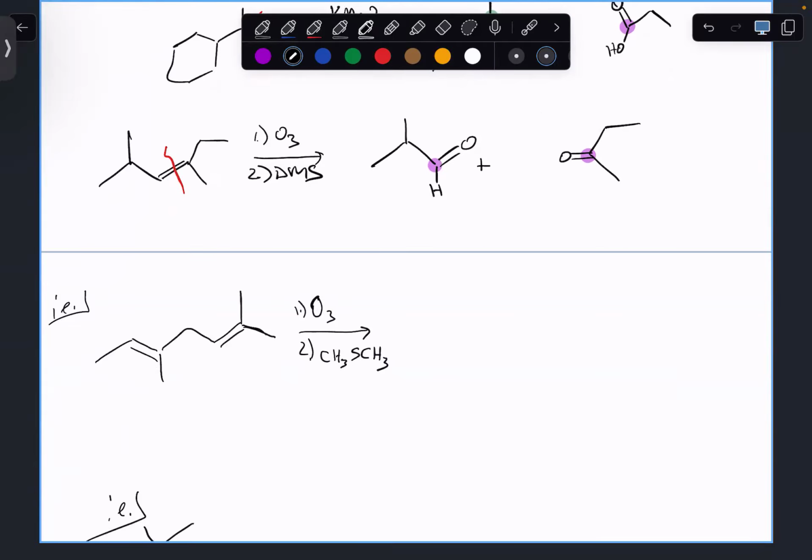Okay, try this one. This one has 2 double bonds in it. By the way, how many products are we going to get from this, do you think?